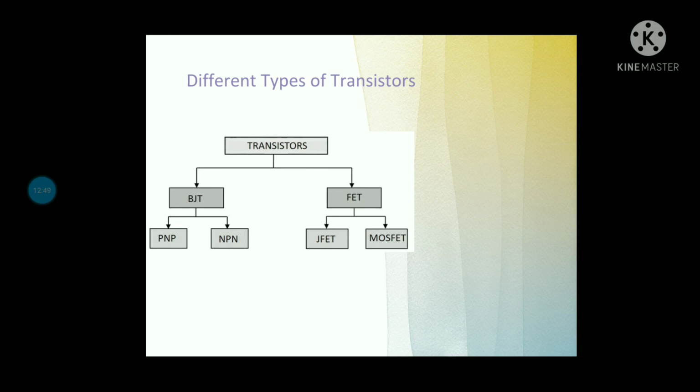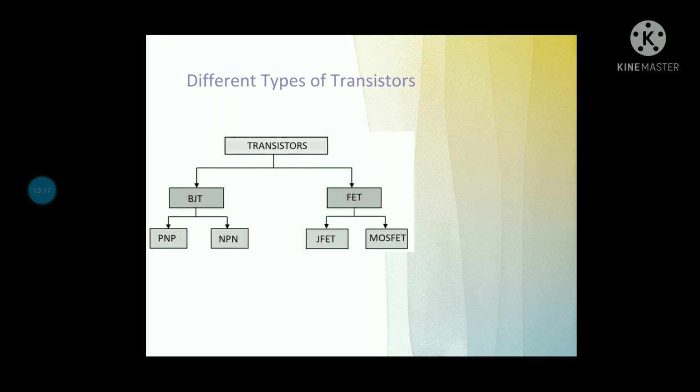You can see a transistor has been divided into two main types, that is bipolar junction transistor and field effect transistor. The bipolar junction transistor, shortly BJT, is a current control device that consists of two PN junctions for its function, whereas the field effect transistor, shortly termed FET, is a voltage control device.